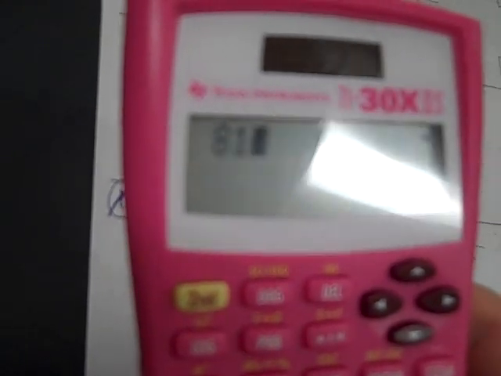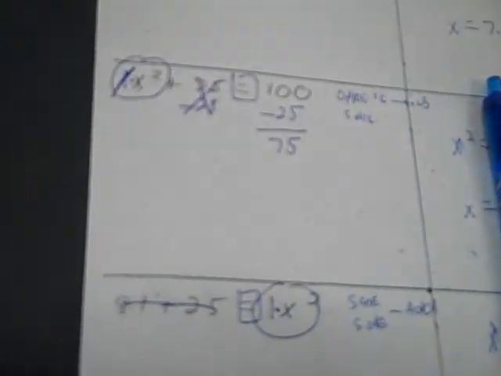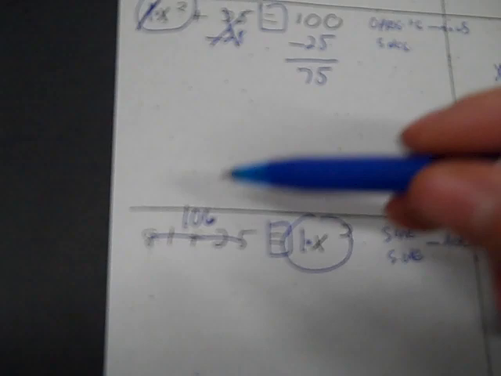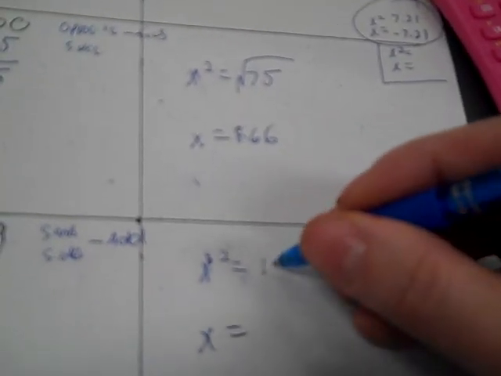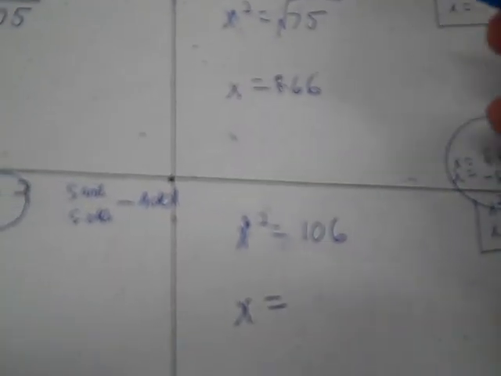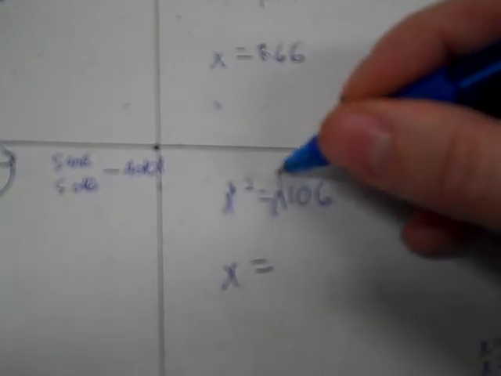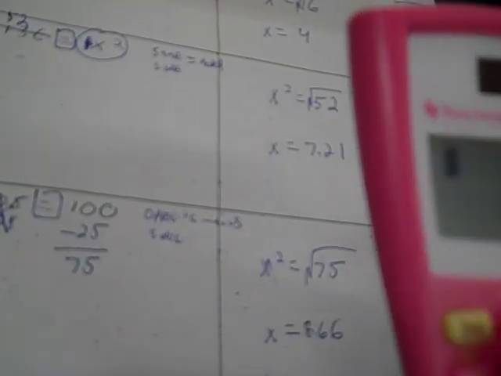And when I add, I just cross them out and then add 81 plus 25. And that's 106. Okay, now normally is when I divide, but there's a 1 here, so we can get rid of the 1. Okay, so 106 equals x to the second. I can put my 106 right there, and then I find the square root of 106.